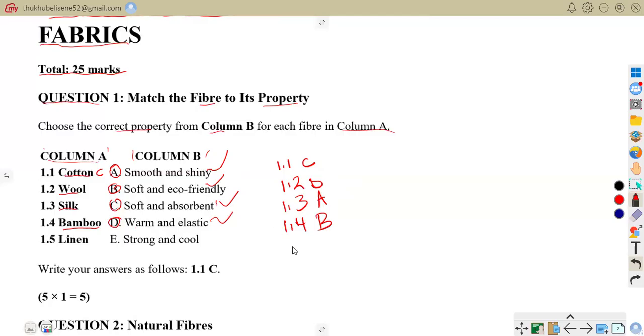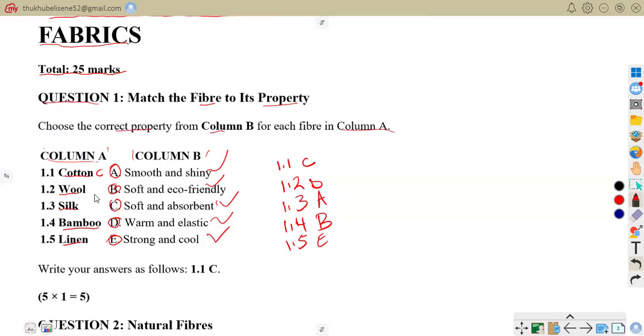Then 1.5, we are talking about linen. The correct answer is A. They are strong and cool. Linen is strong and helps keep the body cool in hot weather. That's why the correct answer there is A.